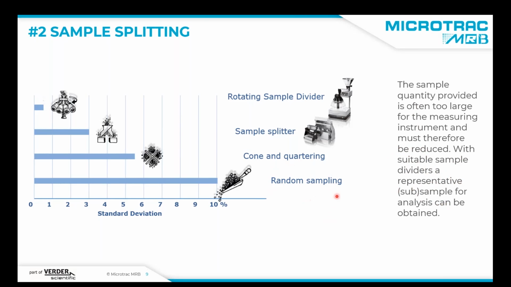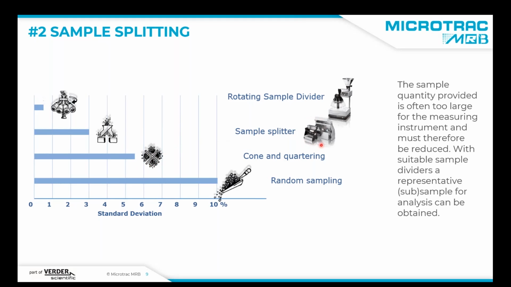If you do just random sampling and put that in your analyzer, and you do it several times, then the standard deviation in your result will be high, which also means your repeatability will be bad. This can be improved a little bit by doing something which is called cone and quartering. You make a pile of your bulk material, and then you divide this pile into 4 quarters and take one of them. So you get a 25% subsample.